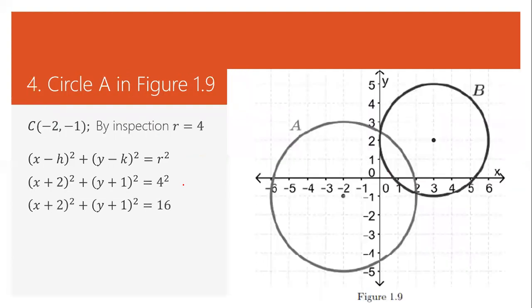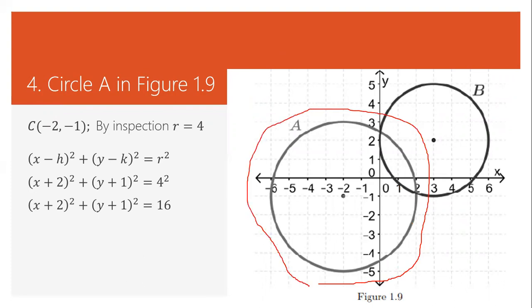Next. Okay, figure 1.9, ang circle A. The center is here at negative 2, 1. Negative 2 and 1. So that's the center.